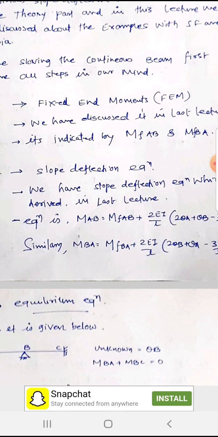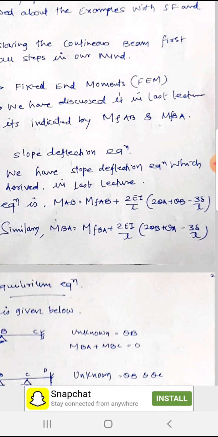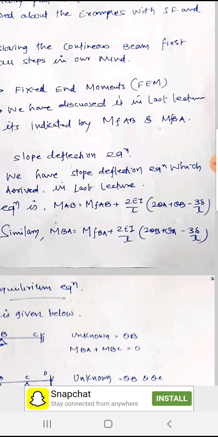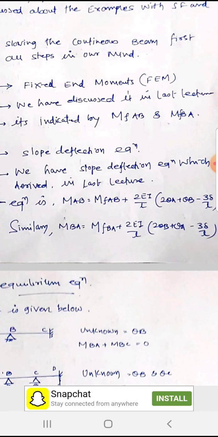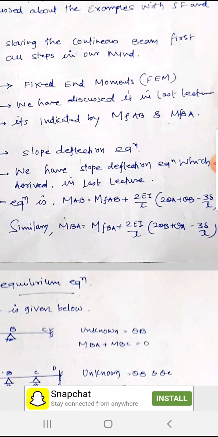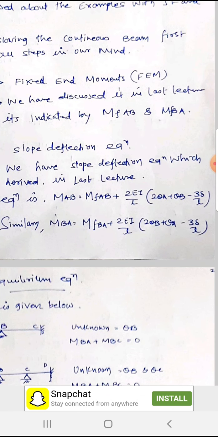Similarly, the second equation is MBA is equal to MFBA plus 2EI upon L, in the bracket 2 theta B plus theta A minus 3 delta upon L, meaning here we are calculating moment from B to A, that's why theta B is taken 2 times.